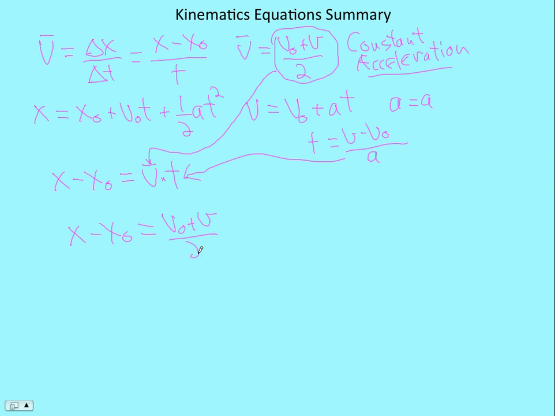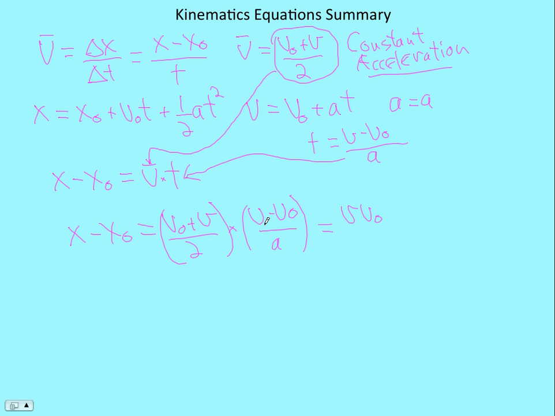But this one comes in handy. And so that's the average velocity. Substitute that into there. And then times the time, which is v minus v0 over a. And so we need to carry out this multiplication. And so I have v times v0.